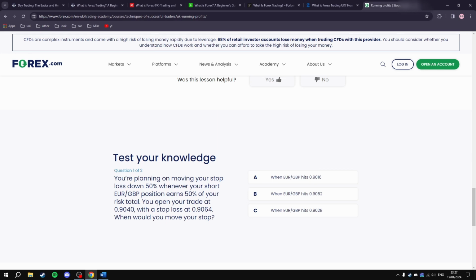You open your trade at 0.9040 with a stop loss at 0.9064, and you're moving your stop loss down whenever your short earns 50% of your risk total.